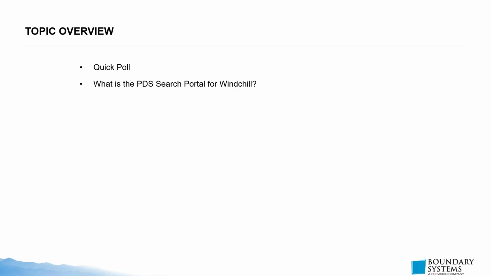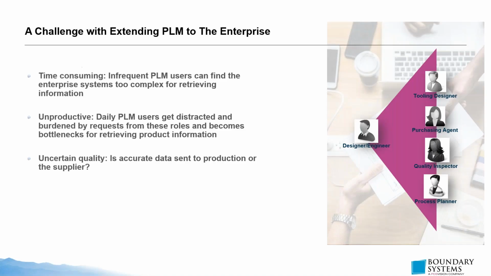So let's start off with what is the PDS Search Portal for Windchill. In most cases, Windchill is a complex system for people that, in some cases, especially outside of engineering, need to perform a very simple job of retrieving information.